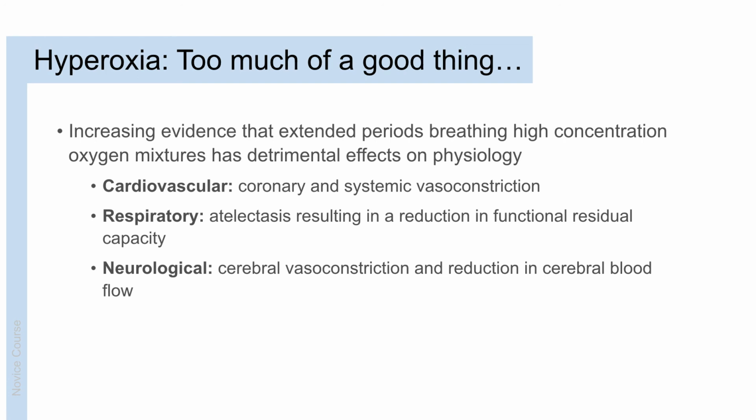In the lungs, high inspired concentrations of oxygen can cause atelectasis, resulting in a reduction in FRC and increased ventilation perfusion mismatch. And at very high partial pressures of oxygen, cerebral vasoconstriction can occur, resulting in reduced cerebral blood flow. The effects of all of this can be minimized by only delivering the minimum amount of supplemental oxygen necessary to achieve the desired target saturations that are documented.